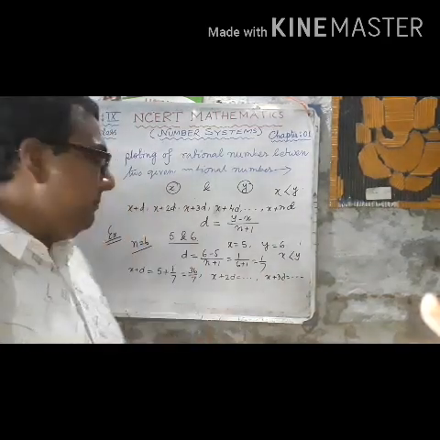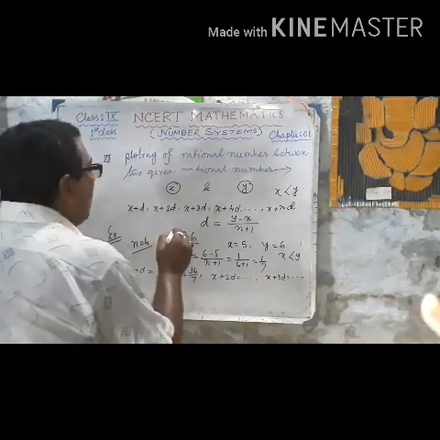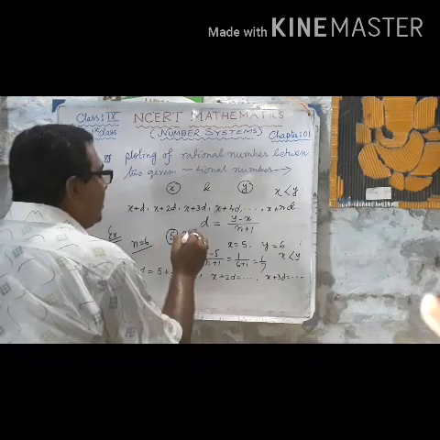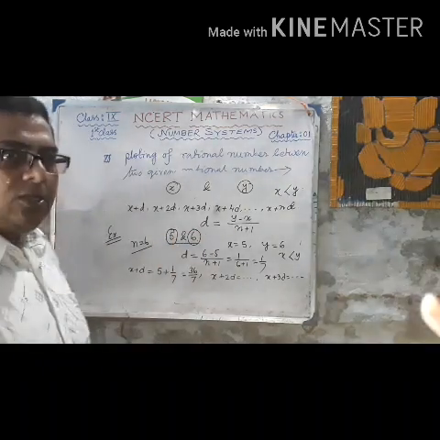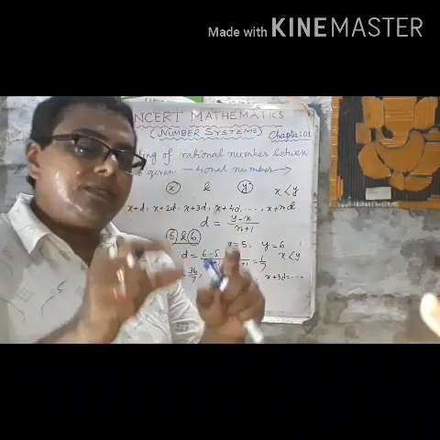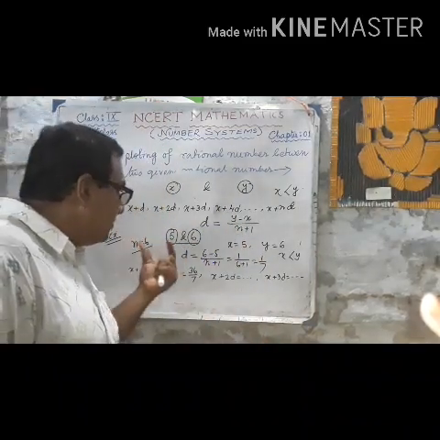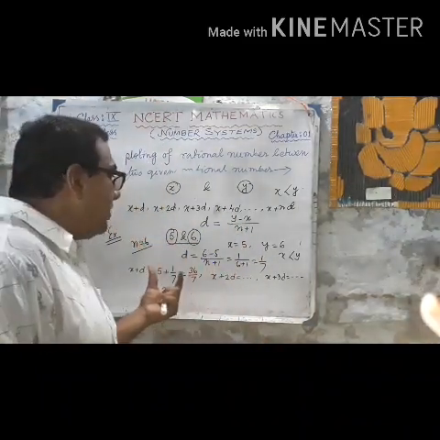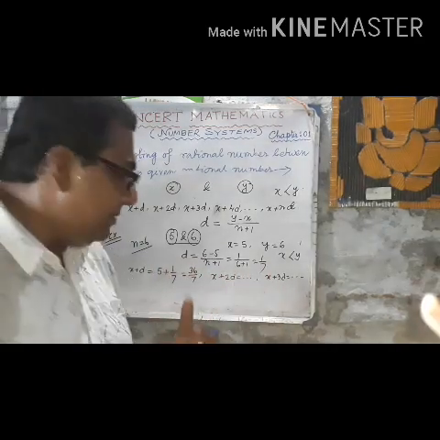In this problem, at first, we change 5 and 6 to equivalent rational numbers with denominator 7.